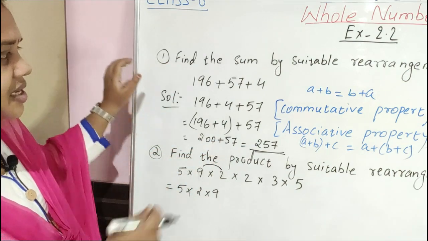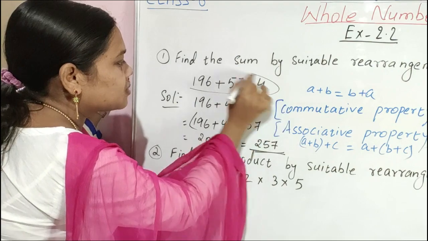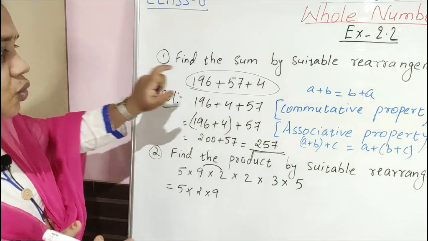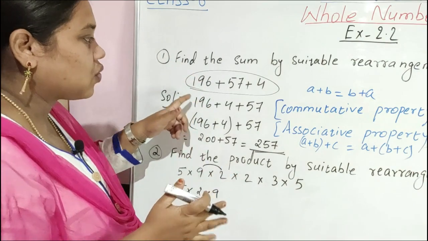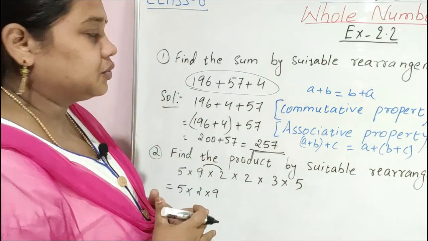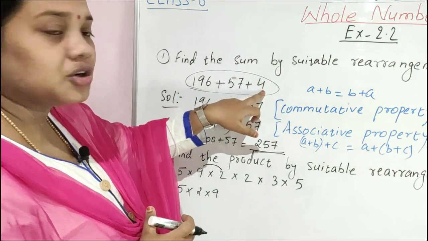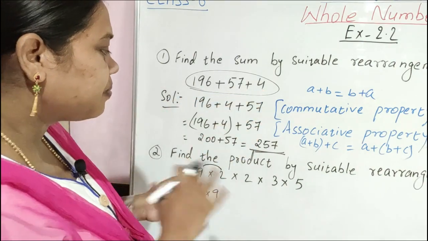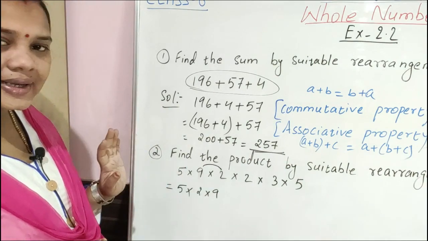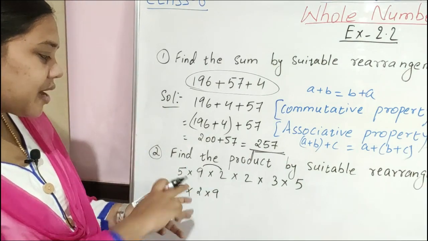So by seeing the question, you must first plan which two numbers we have to bring together. So you have to plan like that and then do it. Here also 5 into 2 is 10.